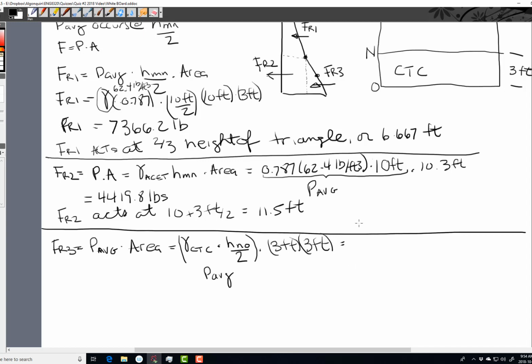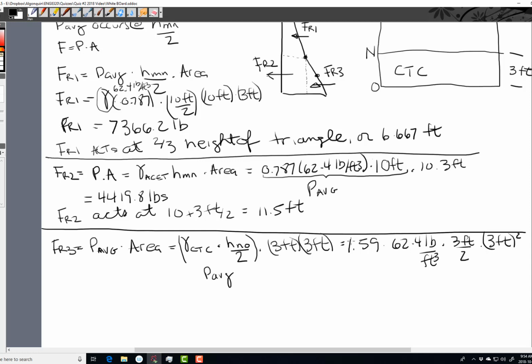And all of that equals, let's go back here, 1.59 times 62.4 pounds per feet cubed times 3 feet over 2 times 3 feet squared.